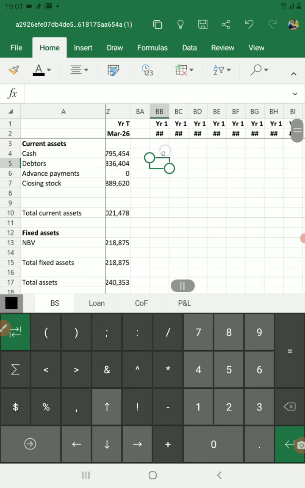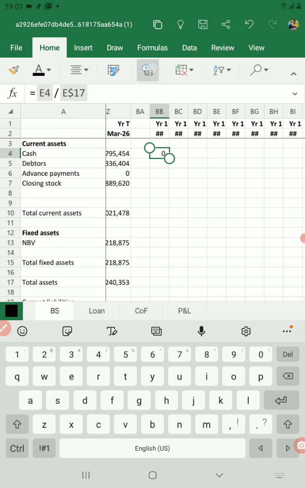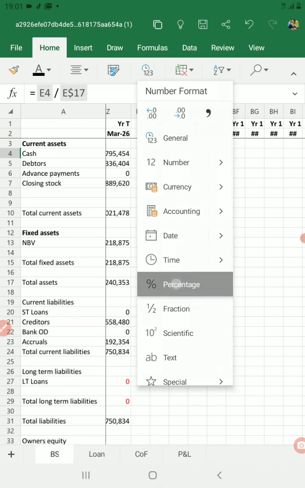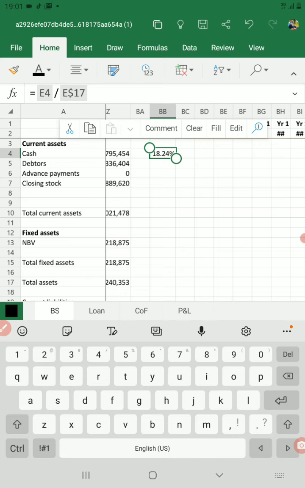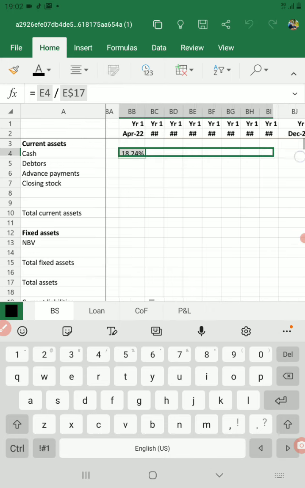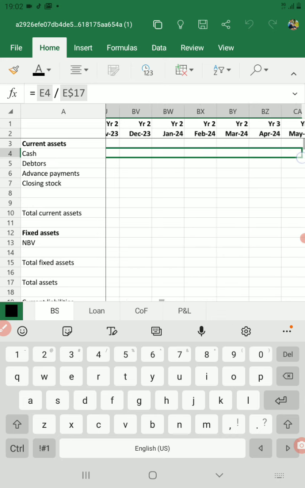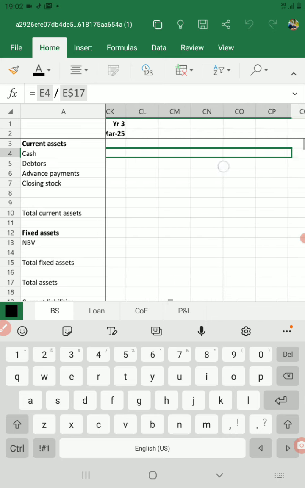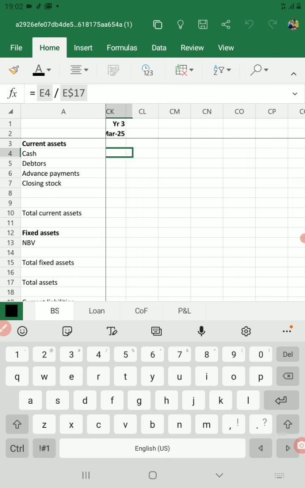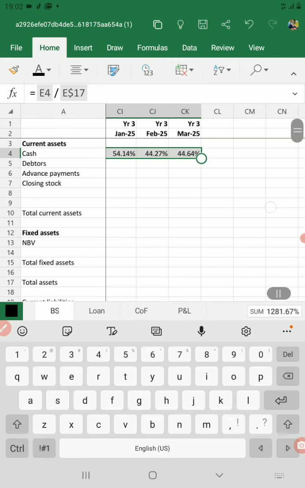So already we have our formula here. Let me convert this into percentage terms. Okay, so I tap to fill this throughout our projected period up to here, and then I can copy all this.